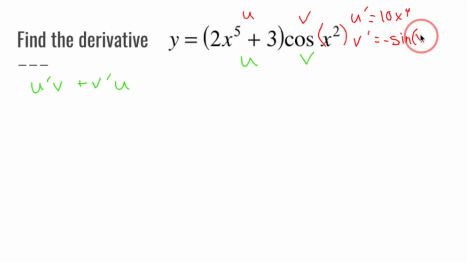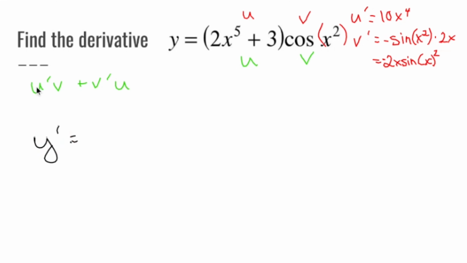Keep the inside, x squared, but multiply everything by the derivative of the inside. And the derivative of x squared is 2x. So cleaning this up, I get negative 2x sine x squared.